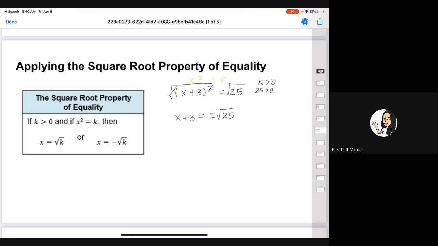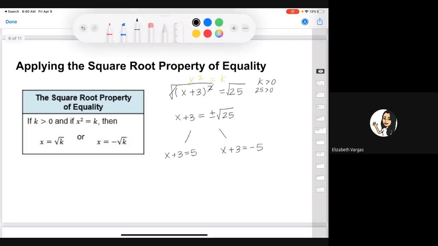And so now I go ahead and solve. x plus 3, what is the positive square root of 25? 5. x plus 3, what is the negative square root of 25? Negative 5. Now what you'll realize is I'm going to get two different x's, but both of those x's will be a solution to my problem. So now I'm going to solve for x, because I need x.